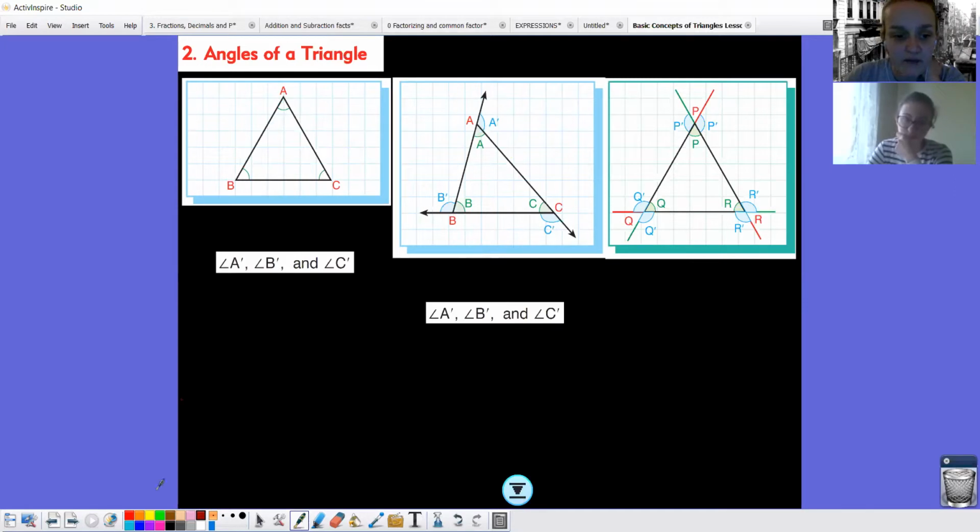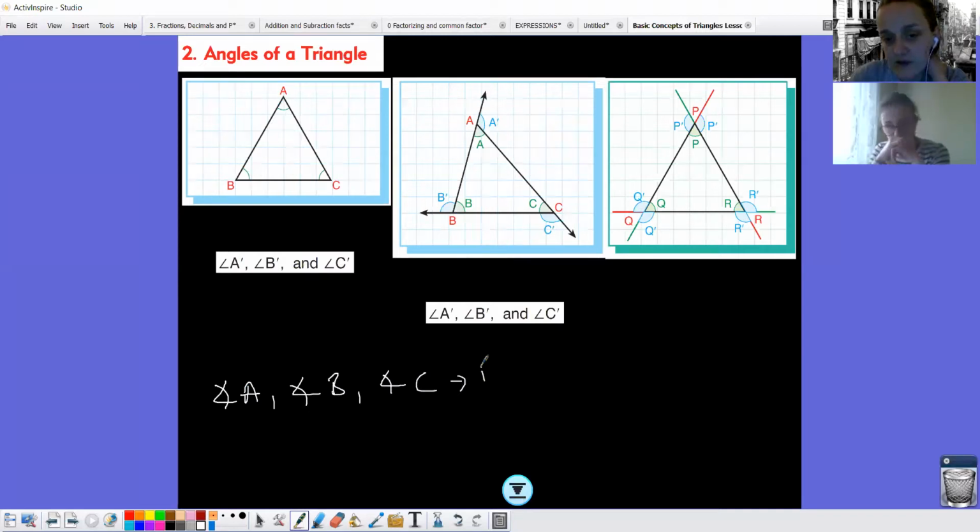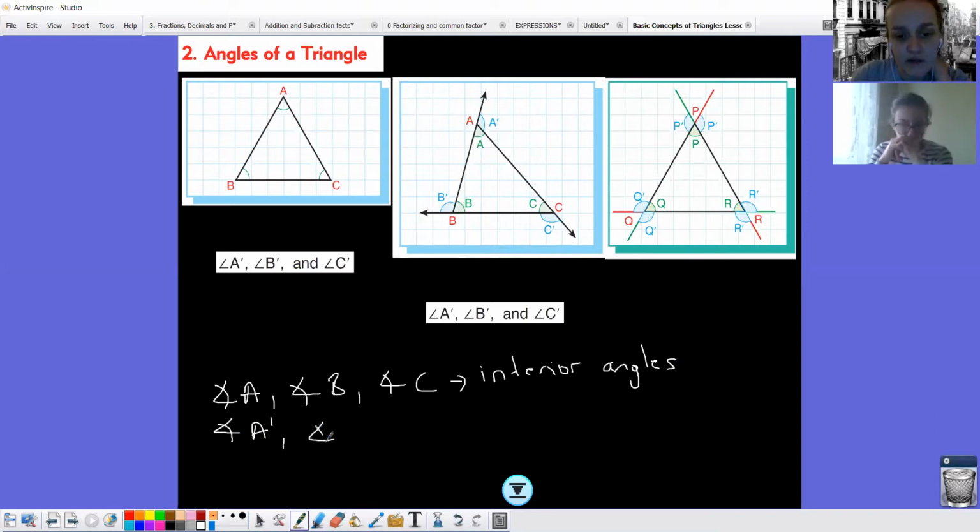Let me write: angle A, angle B, angle C, interior angles. And angle A prime, angle B prime, angle C prime, they are exterior angles.